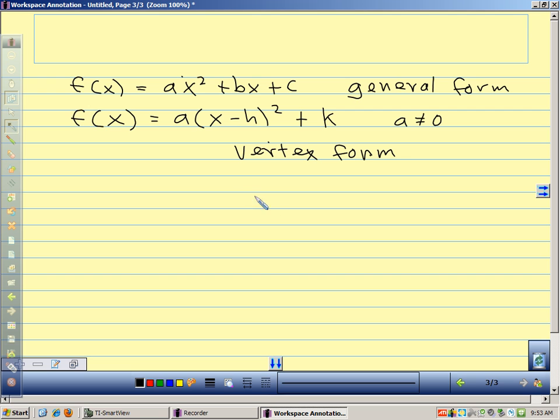For a parabola in vertex form, the vertex is at the point (h, k). So when we get our function in this form, our vertex is at (h, k), and our axis is at x equals h.